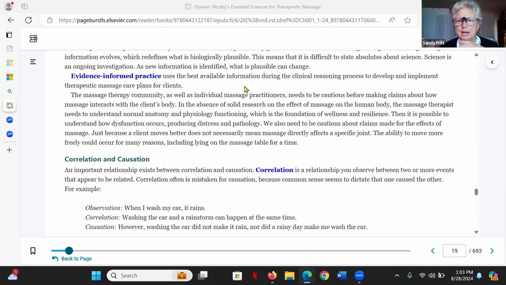And so as we've studied massage more, things that we thought were true 20 years ago, we know are not true now. So there's an ongoing shift and change. One, for example, is that massage therapy removes lactic acid from the body, and it doesn't.